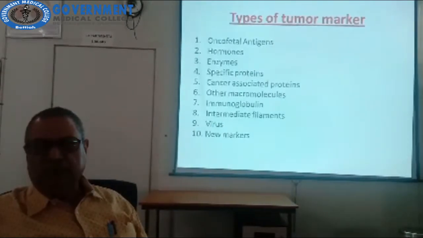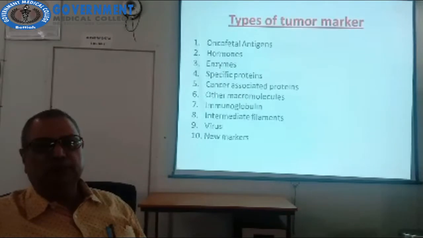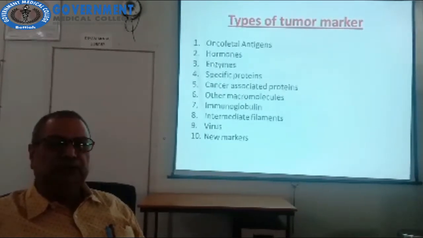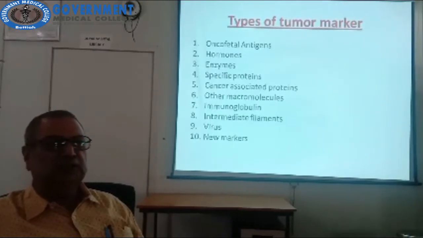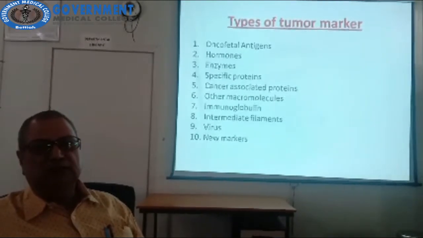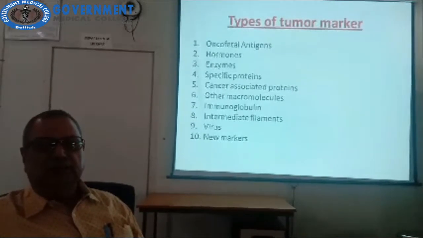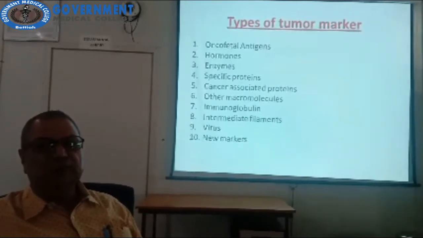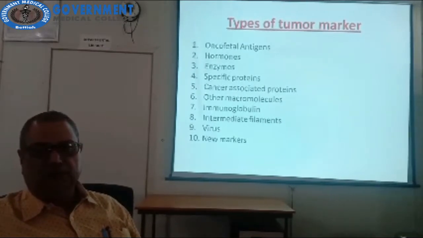The tumor markers are grouped into 10 types: oncofetal antigens, hormones, enzymes, specific proteins, cancer-associated antigens, proteins, CA carbohydrate glycoprotein, then other molecules, then immunoglobulins, intermediate filaments, virus, and neural markers.